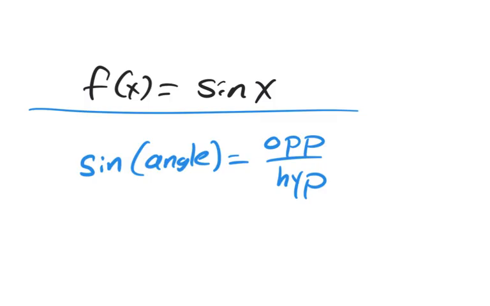Or it might be 3 pi over 4. It can't be 5 pi over 4 because it would be negative there. It can't be 7 pi over 4 because it would be negative there.